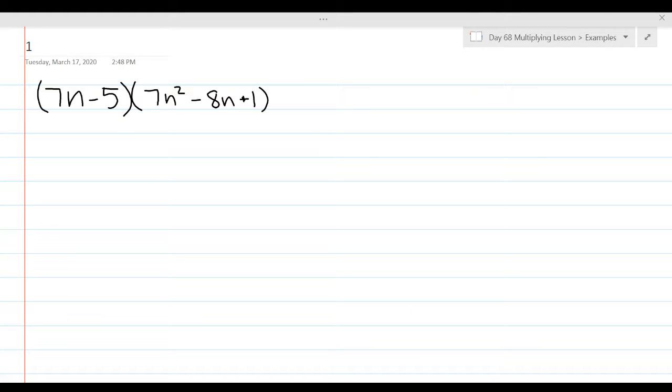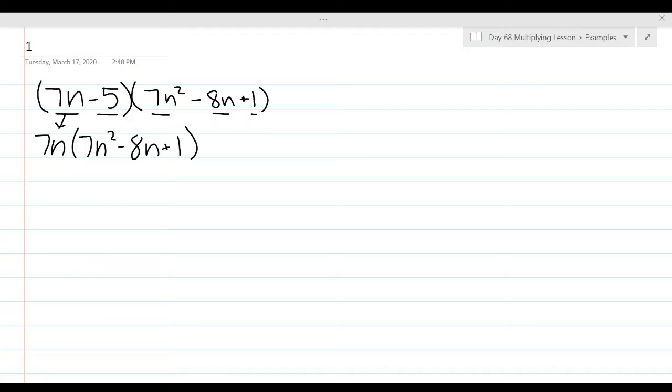So the way this is going to work is we're going to distribute both of the terms from the first one to all three of these terms. So the way I like to do it is I like to rewrite it as 7n, which I took from there, and then multiply it by that second trinomial, or the second polynomial.